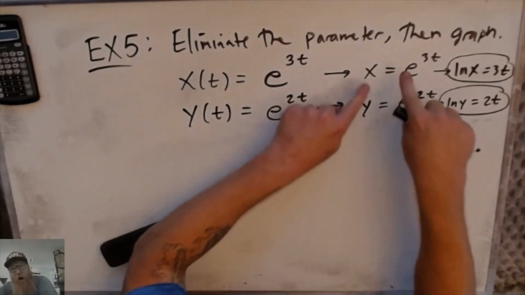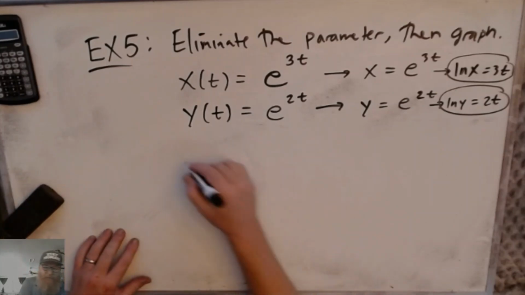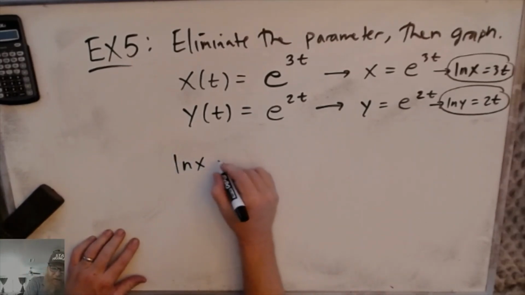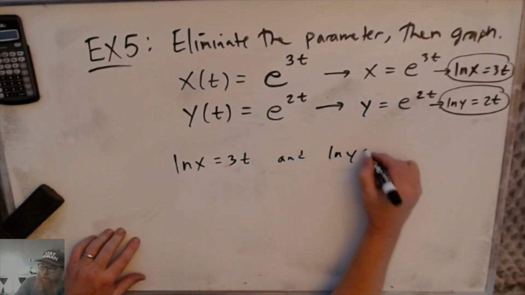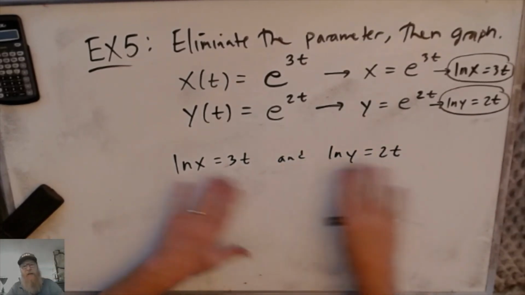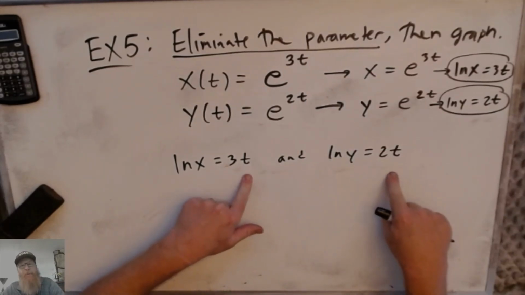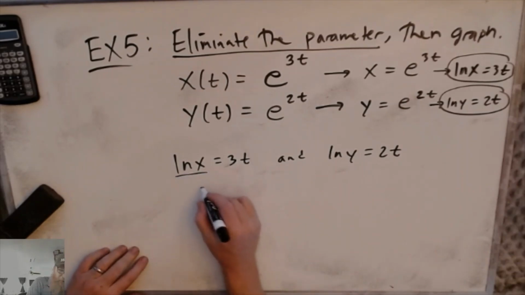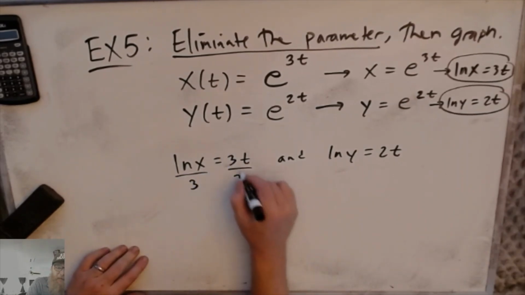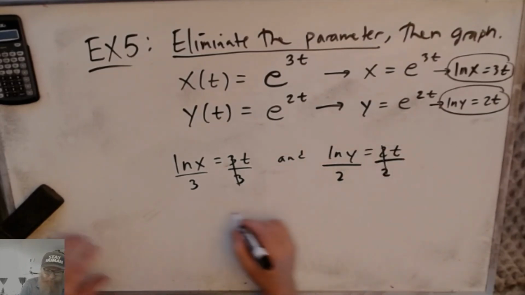So just rewrite it into logarithmic form, or take the natural log of both sides, if you like. So now you have ln of x equals 3t and ln of y equals 2t. You're trying to eliminate the parameter, so you want to get rid of t. So we're going to divide the first by 3 and the second by 2.